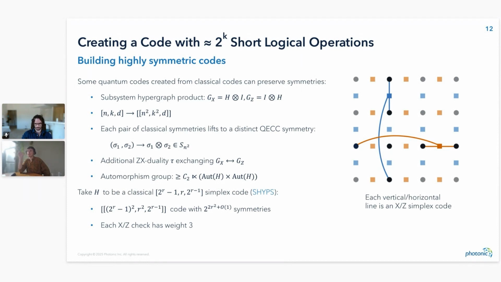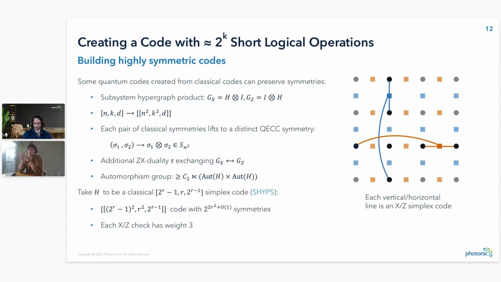My black dots here are my physical qubits arranged in an n by n grid. And then in terms of the checks, one copy of the classical code is defining the X-type checks, the X-type gauge operators, on rows of the qubit array. And then another copy of the classical code is defining the Z-type checks on the columns.